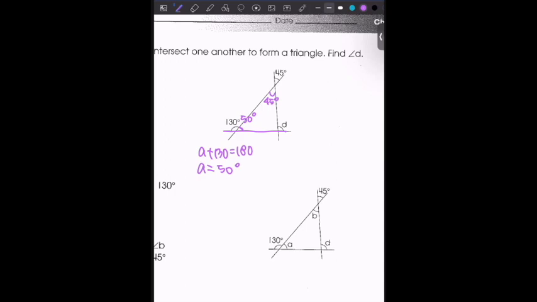Now we found 2 interior angles, so we're now going to look for this blue angle, C. Since we know that the sum of the 3 interior angles for any triangle is 180 degrees, angle C is equal to 180 minus 45 minus 50. So that would be 130 minus 45, which is going to give us 85 degrees. So the blue angle is going to be 85 degrees.